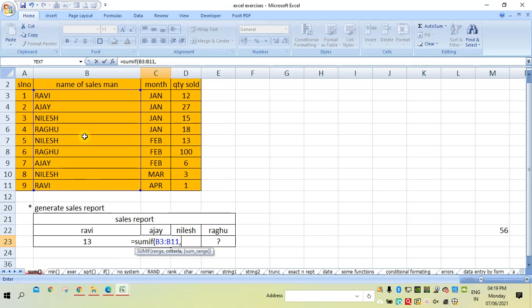Next is Ajay, then comma, total selling from here 33.